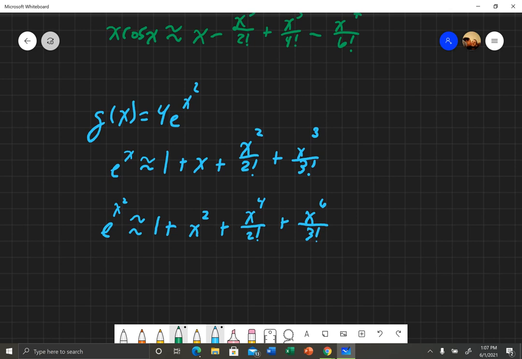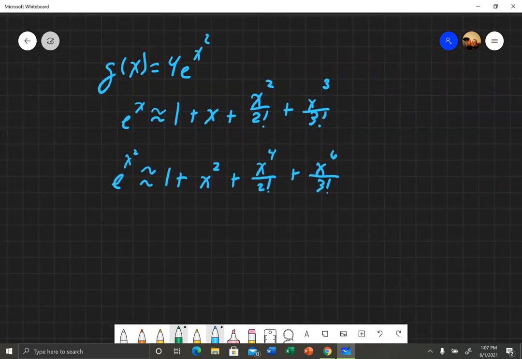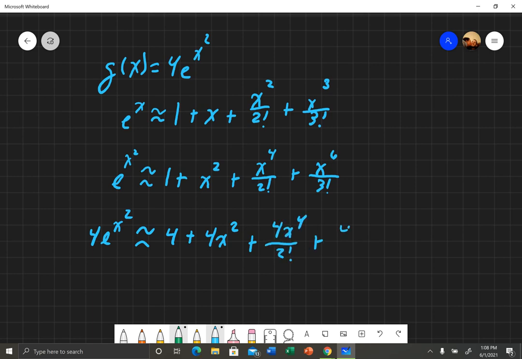And now, to get this to the next step, this is going to be 4 times e to the x squared. So I'm going to multiply by 4. 4 plus 4x squared plus 4x to the 4th over 2 factorial plus 4x to the 6th over 3 factorial.